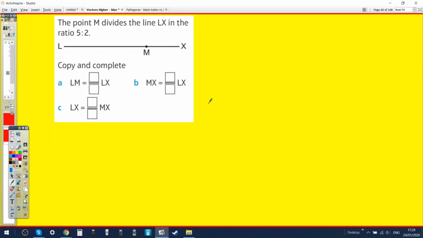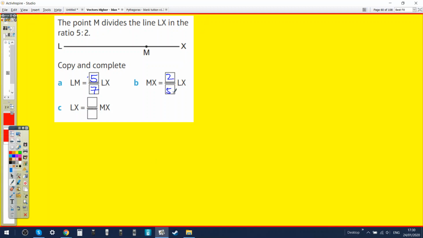Okay, this is fractions. How do we do this one? 5/7 is the A. Yeah. And so let's go straight to B. 2/5 of LX. Yeah.